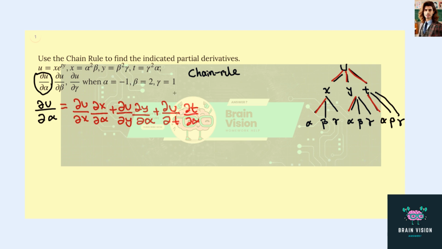So now we have some derivatives to compute. This one first. It's e to the ty, and then derivative of x with respect to alpha. Go ahead and use the power rule there.